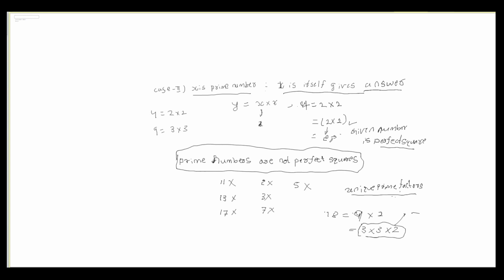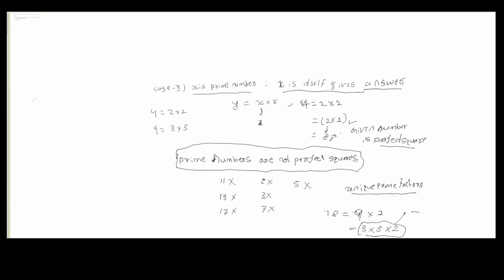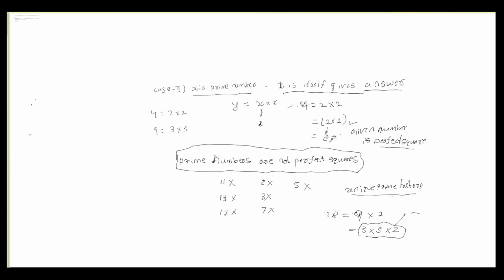So far, what I told is simply what a perfect square is. But why are we going to follow the steps like this? What is the logic behind it?